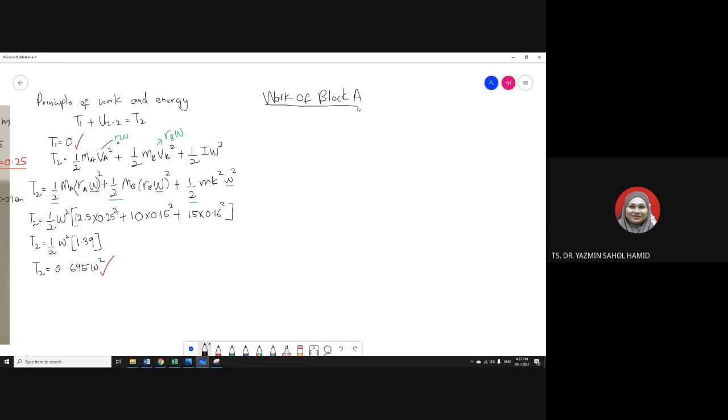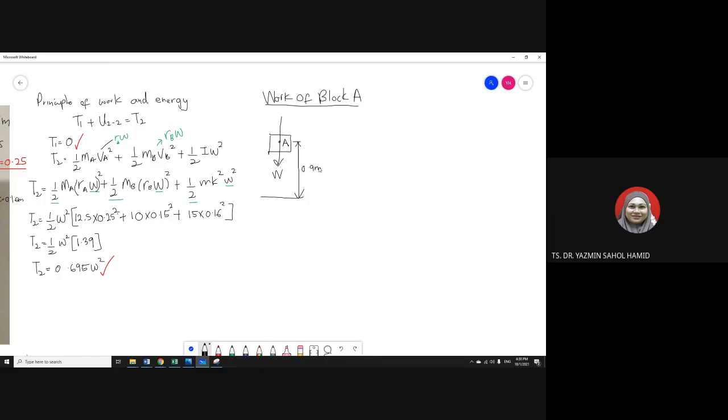If I draw block A, this is block A. Let's say it's connected to a pulley. So the work of block A will be due to weight. And then it must reach down here a distance of 0.9 meters.